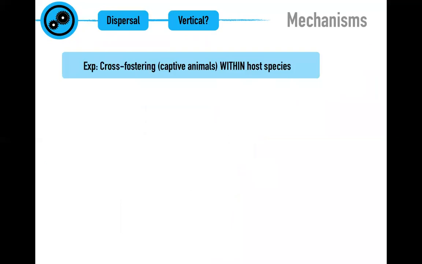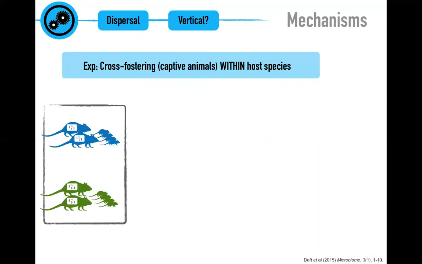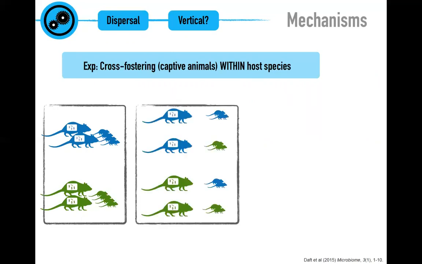There is a very elegant study showing that it's actually from the mother, because again, usually in mammals there is close contact. The study is very elegant because it uses cross-fostering experiments. You take, let's say, two lineages of a given lab mouse, in green and blue, with their newborns, and you exchange the newborns between the mothers.